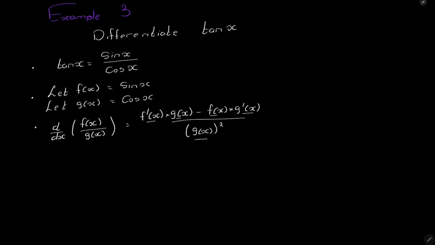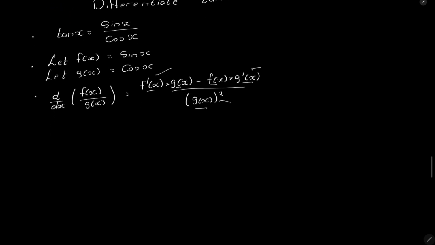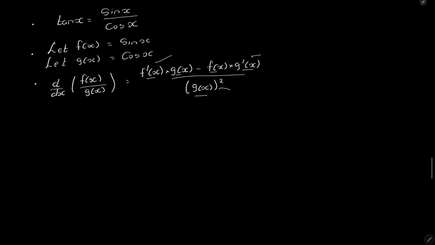So from this equation, we notice that the terms which we don't yet have are f prime of x, or the derivative of our numerator, the derivative of our denominator, and the square of our denominator. Those are three terms which we need to calculate before we can continue with the equation. So let's start with the first term. The derivative of our numerator, that is f prime of x, is equal to cos x.